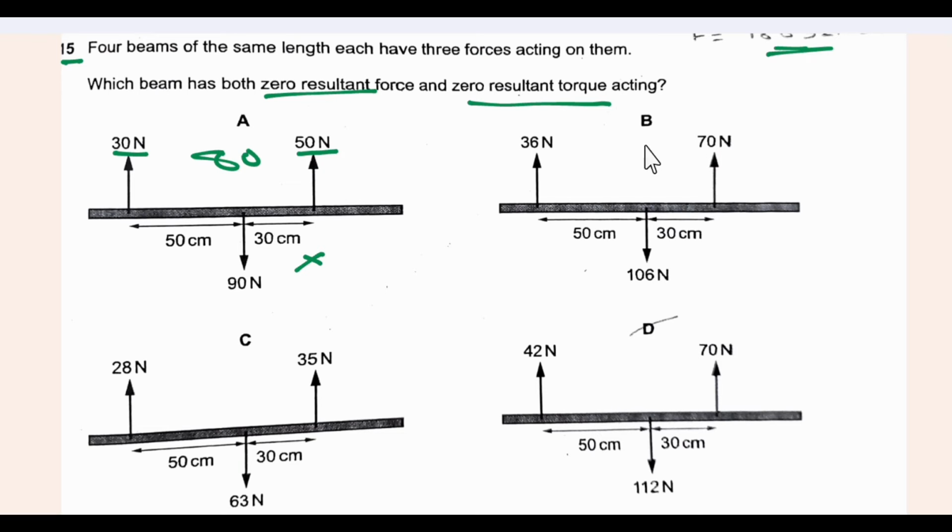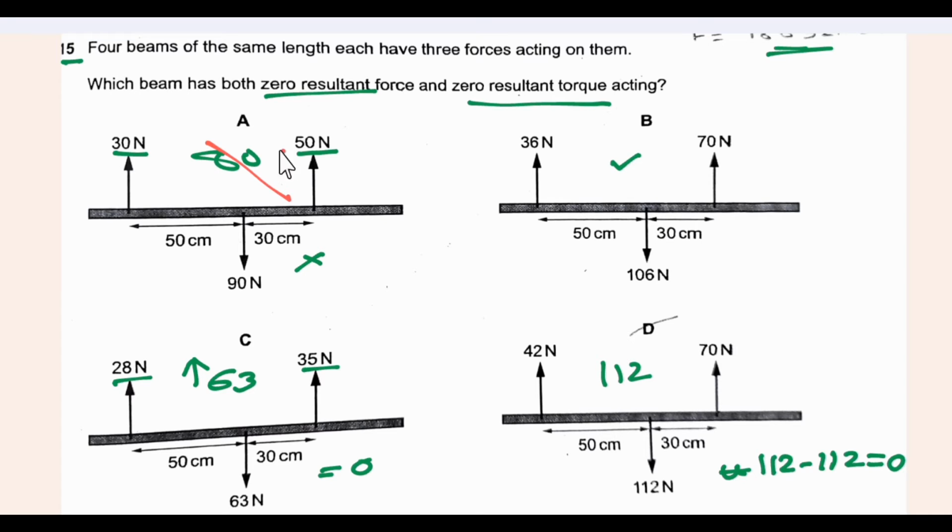Then for this, the upward component is 70 plus 36, that is 106, and the downward component is also 106, so upward is equal to downward, so resultant is 0. Then for C, 35 plus 28 is 63, and downward is also 63, so the resultant is 0. Then for D, 70 plus 42 is 112, and downward is also 112, so the resultant is 0. So except the first, in all these three the resultant force is 0.